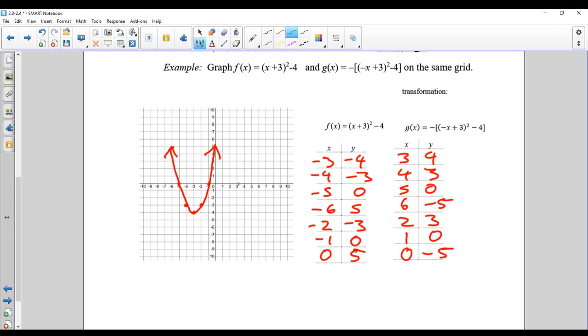So 3, 4. 3, 4 is somewhere around here. 1, 2, 3, 4. 4, 3 is somewhere around here. 5, 0. And 6, -5. And 0, -5.